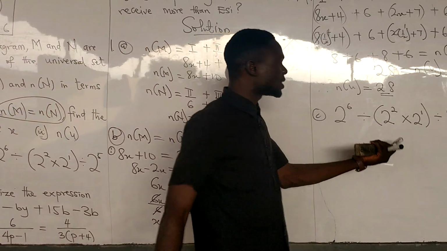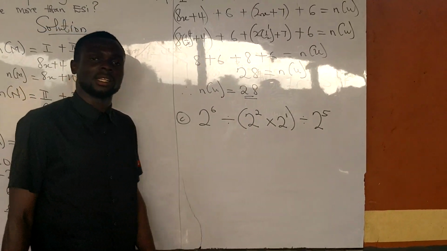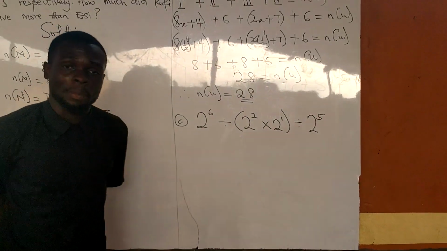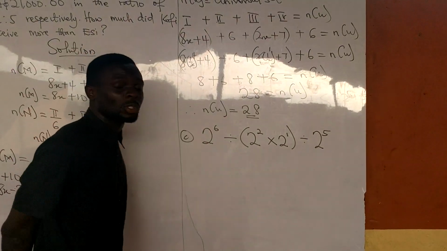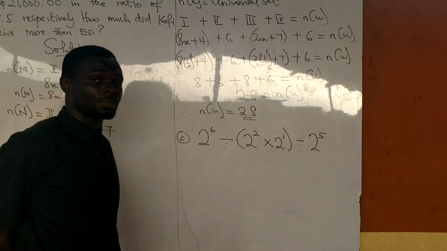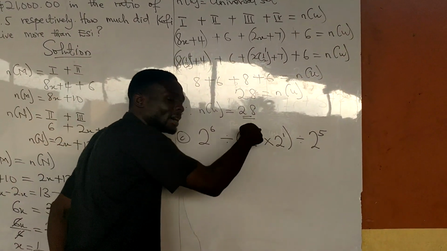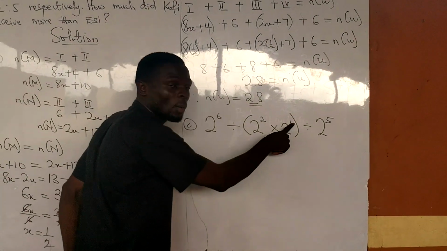Looking at the question, this is indices, where you are to apply the laws of indices, or powers of numbers. But to respect BODMAS, let's deal with the bracket first. In the bracket, we have 2 raised to the power 2 times 2 raised to the power 1.